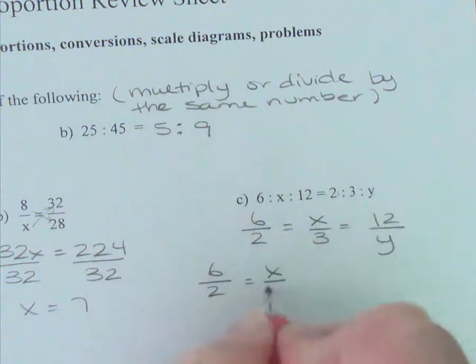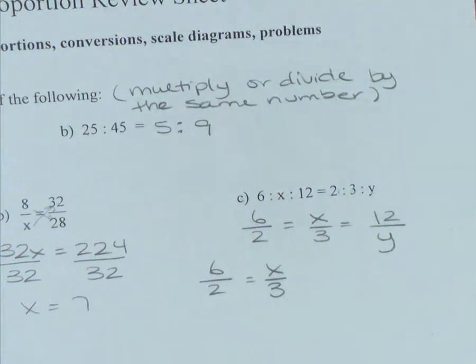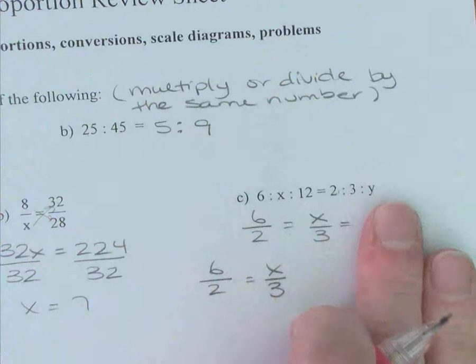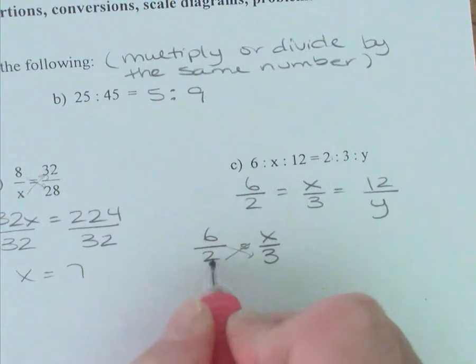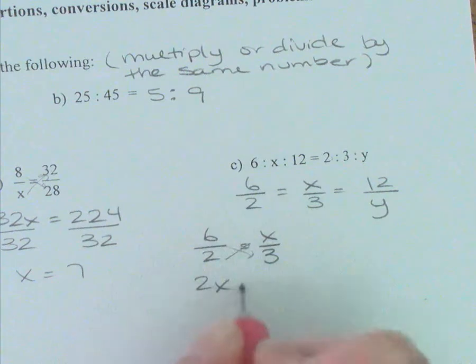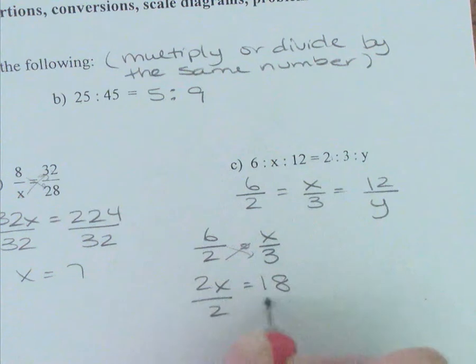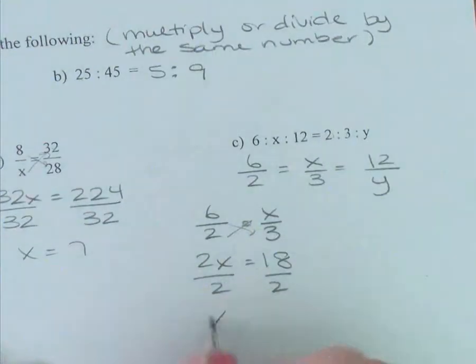So I have 6 over 2 is equal to x over 3, and I'm not going to worry about this one right now. So now I can cross multiply, so 2 times x is 2x, and 6 times 3 is 18. Divide those both by 2 to figure out 1x, and x is 9.